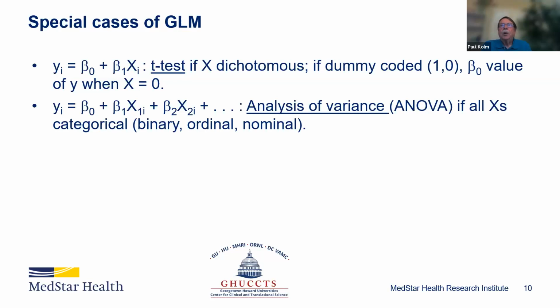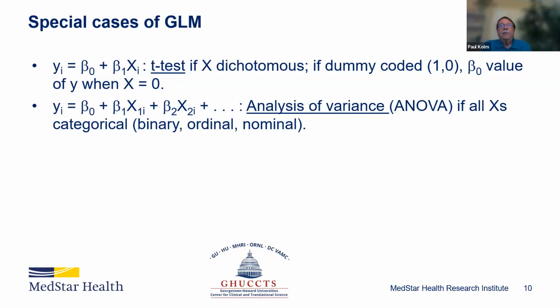We set one of the x's or one of the groups equal to 1 and the other one equal to 0. And if we do that, then the intercept or the beta sub 0 represents the value of y when x is equal to 0.